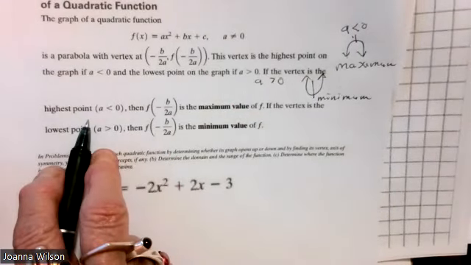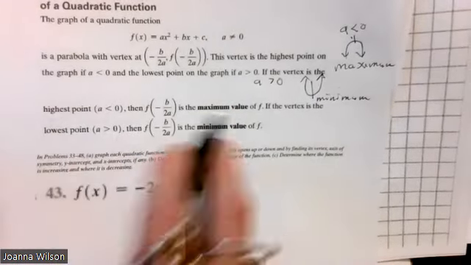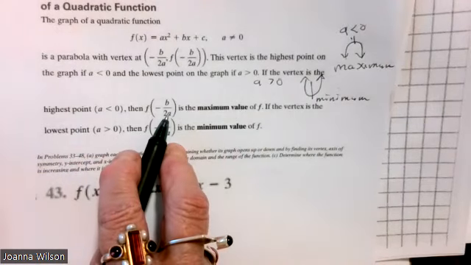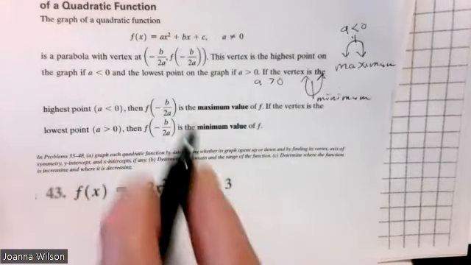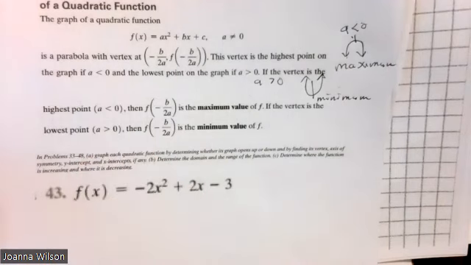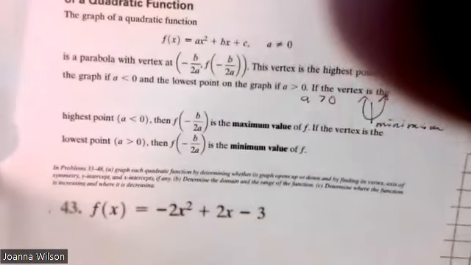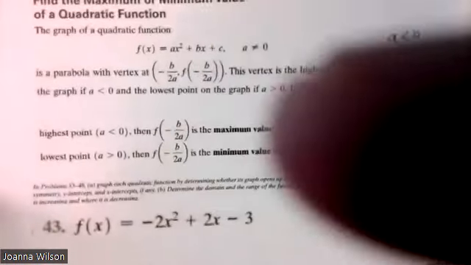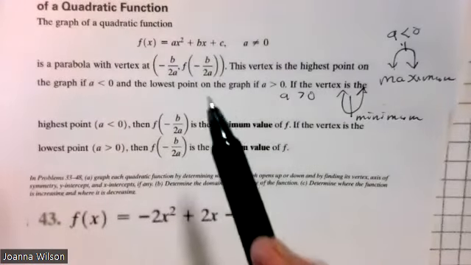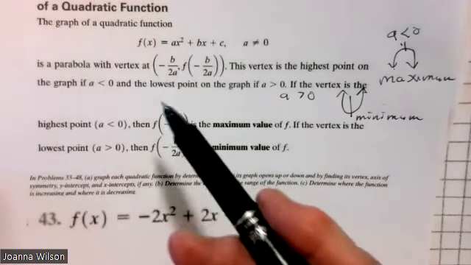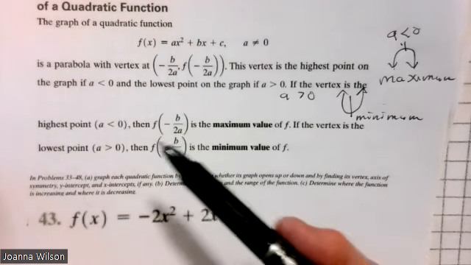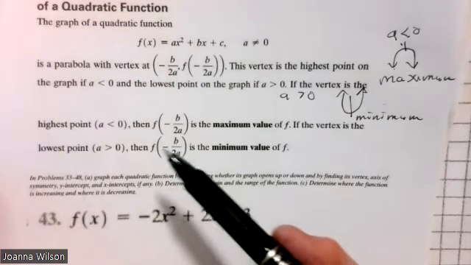And then the maximum value is actually the y value at the vertex. Now, where it occurs, what is it, the x value? That does make a difference, which is the x and which is the y. Think about if you've got a word problem and your boss wants to know, okay, how many chairs do we need to make to maximize profit?